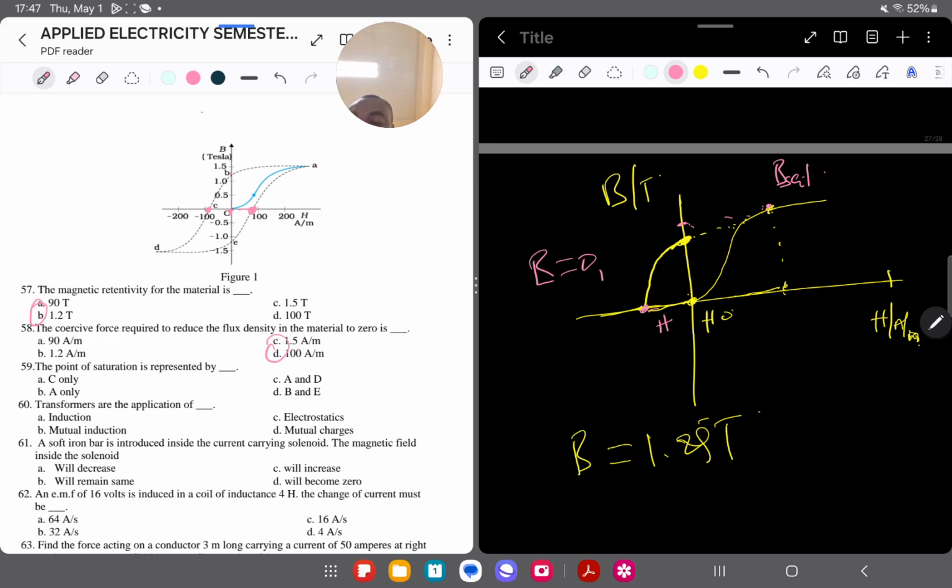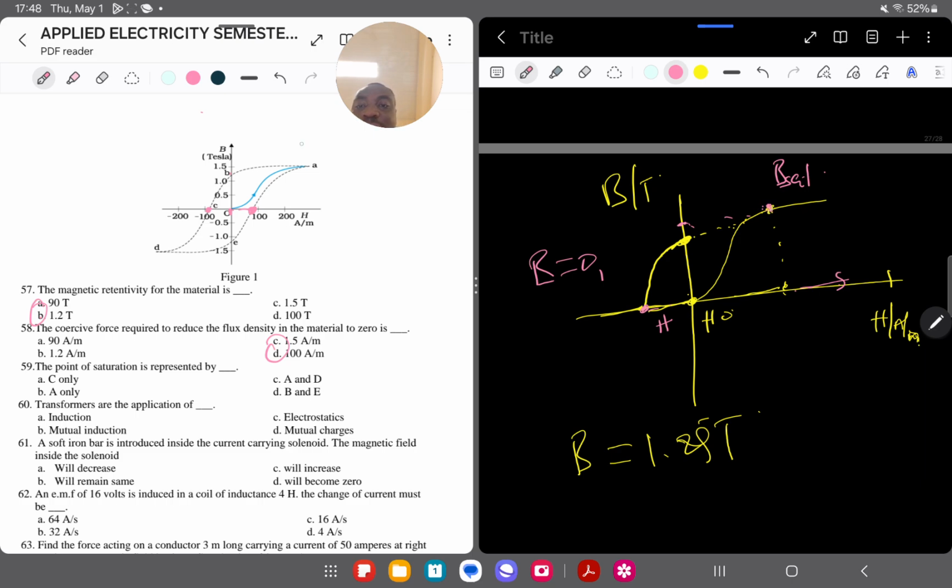Now question 59. The point of saturation is represented by, I already talked about this, right? You reach a point whereby upon increasing the magnetic field strength, there is no longer going to be any increment in the magnetic flux density, meaning you've reached the saturation point. So this is this part.